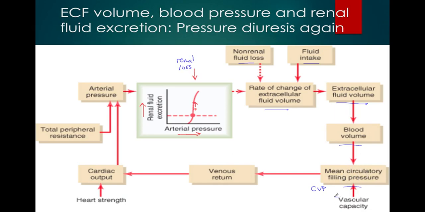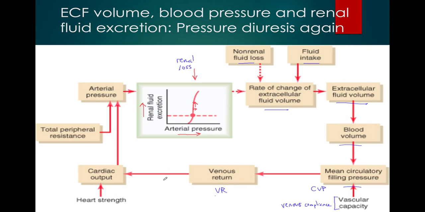Vascular capacity down here would be what you've probably heard called venous compliance. Meaning if the veins are constricted versus not constricted, if they're constricted, they have less capacity, which would change their filling pressure. So that also plays into this filling pressure. And then of course, that central venous pressure is the driving pressure for venous return.